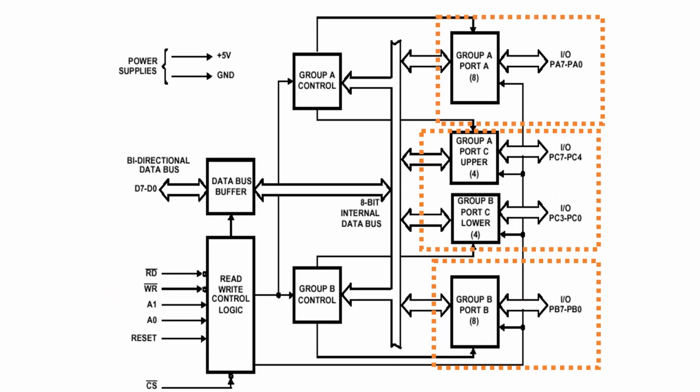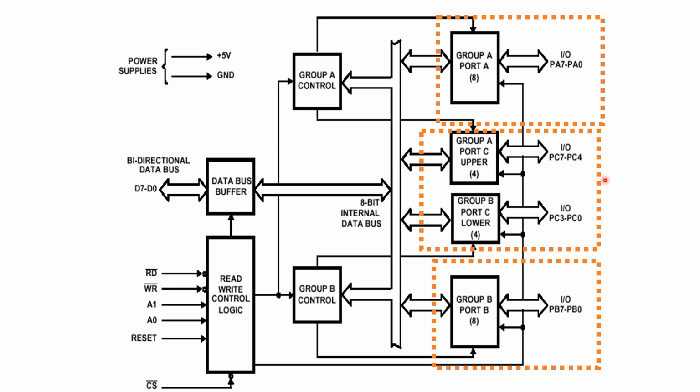In 8255A there are 3 ports, port A, port B and port C. In port A there are 8-bit input-output lines, similarly for port B also. Port A lines are PA0 to PA7, port B lines are PB0 to PB7, port C lines are PC0 to PC7.